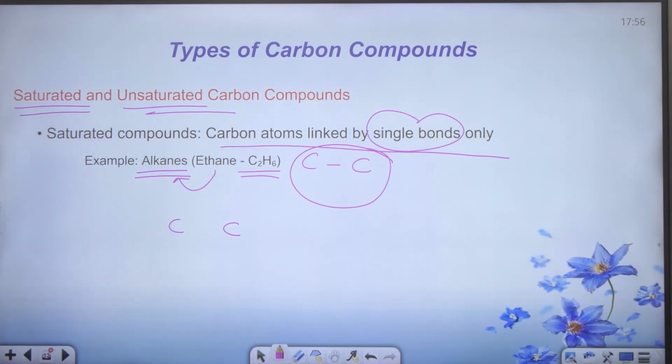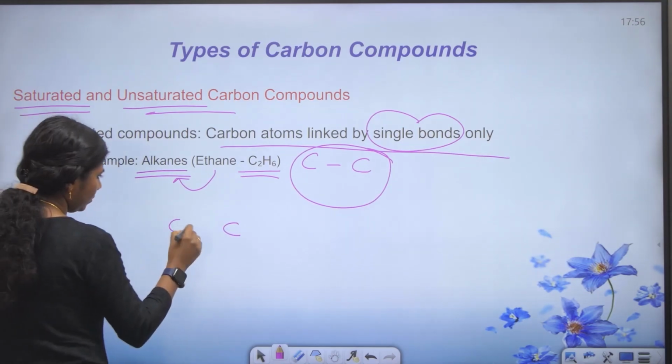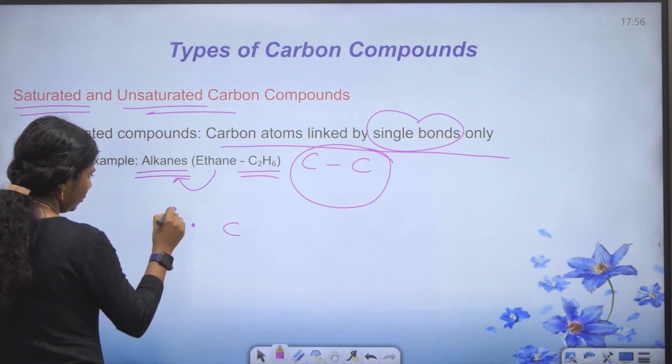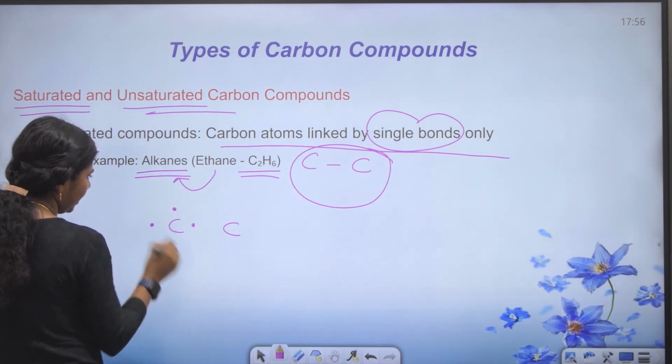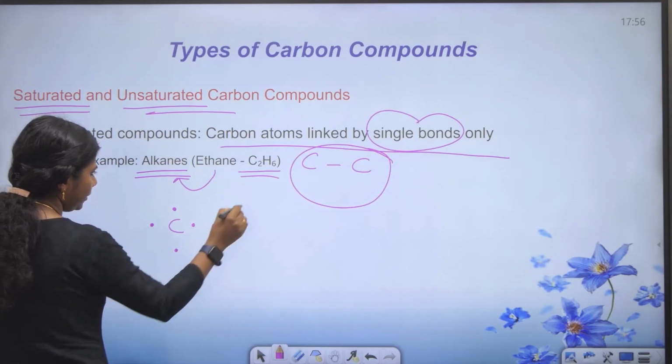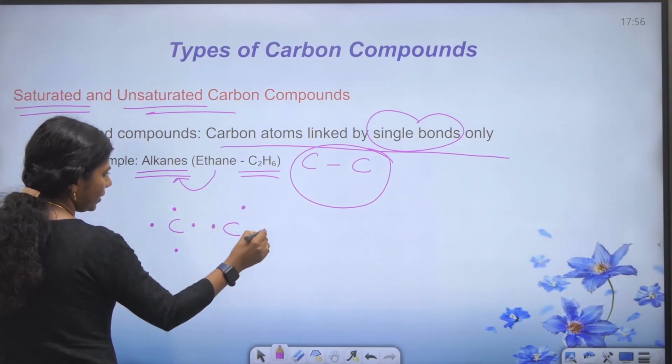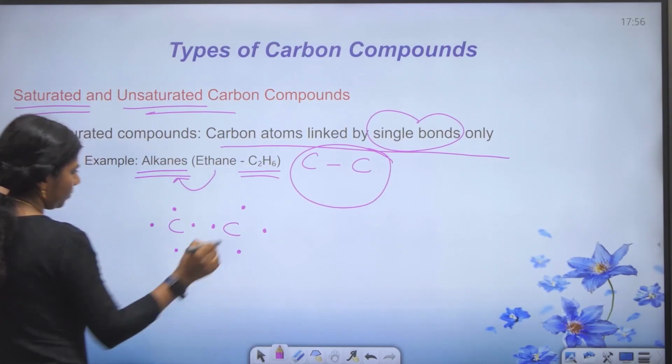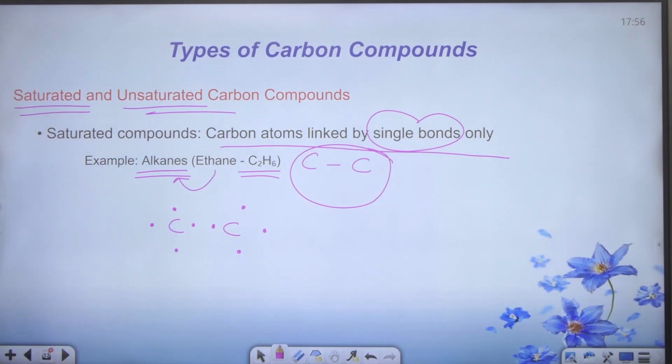We know that each carbon atom has 4 valence electrons, 1, 2, 3, 4. Here also 1, 2, 3, 4. Each carbon atom requires 4 more electrons.